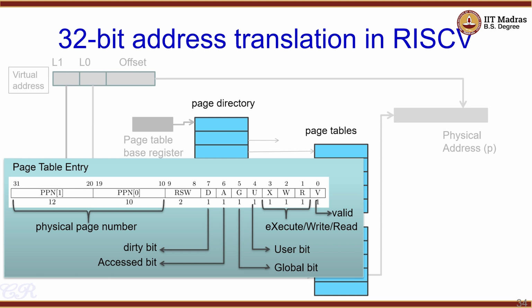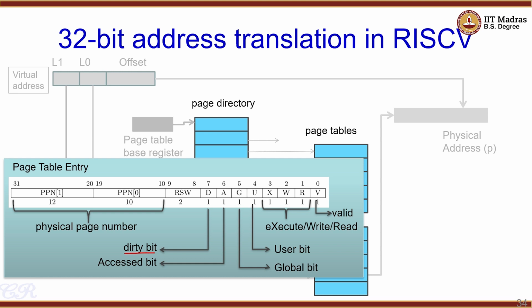The most critical part of this page table entry is the physical page numbers. That has a total of 22 bits. It has PPN 0, that is physical page number 0, and physical page number 1. Then you have the dirty bit, which we have mentioned.